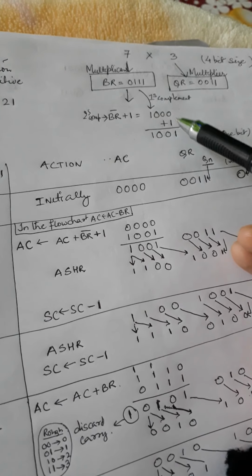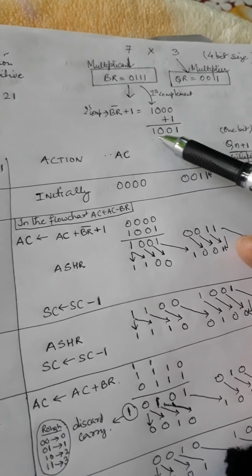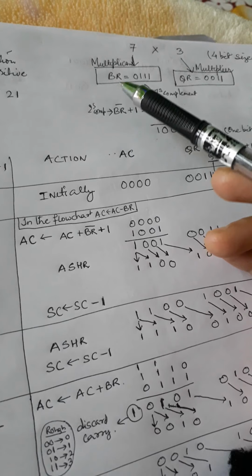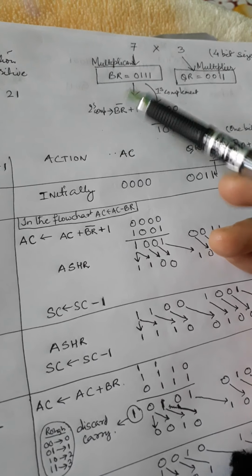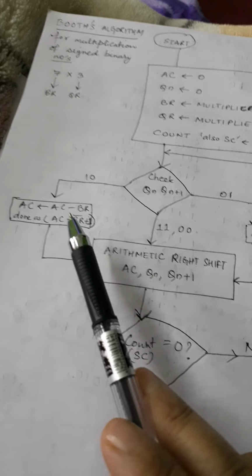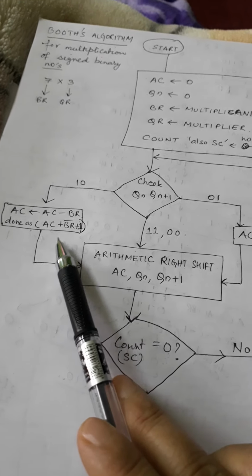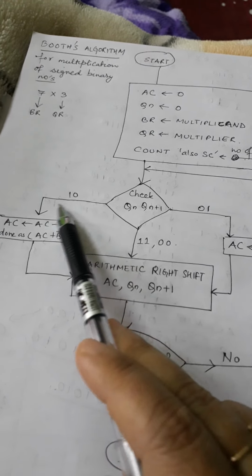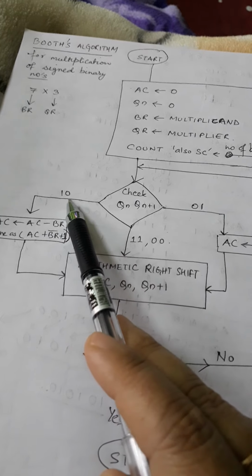After adding, we get 1001. So this is the 2's complement of BR, and we will need it when we have to do the subtraction, that is this particular step. We perform it when Qn and Qn plus 1 are equal to 1 0.